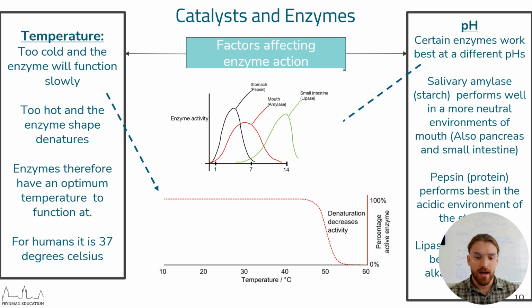The next is pepsin. Pepsin breaks down our proteins. We know that pepsin requires an acidic pH, and therefore it can be found in the stomach with the hydrochloric acid. Finally, there's lipase. Lipase requires a basic pH. So we find that in the small intestine, and that pH is provided by the gallbladder producing bile.